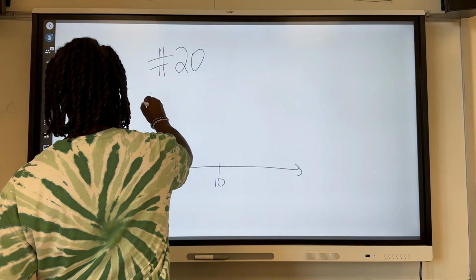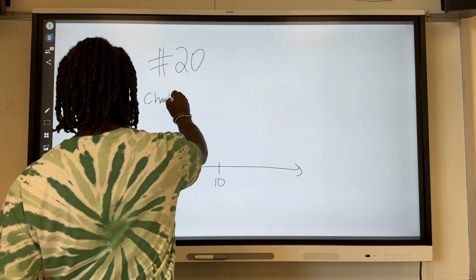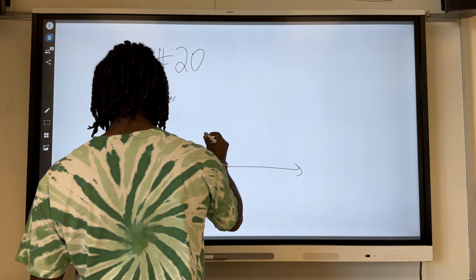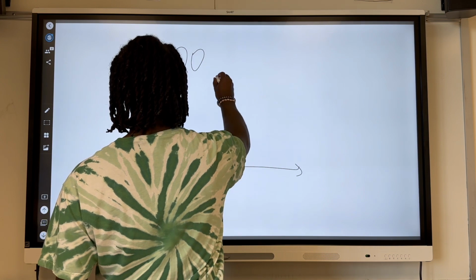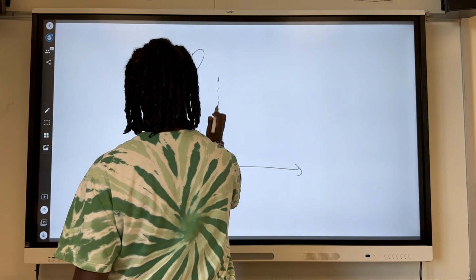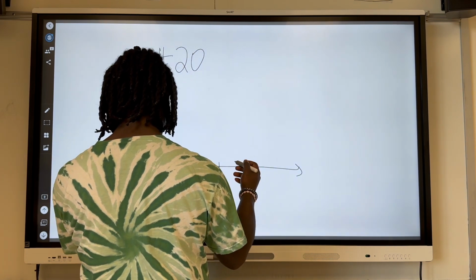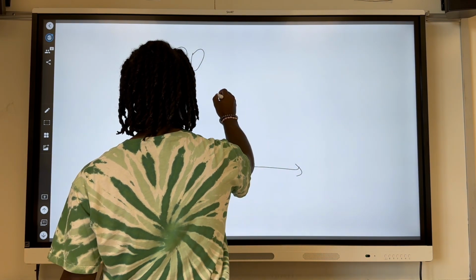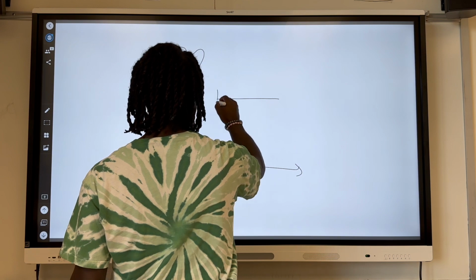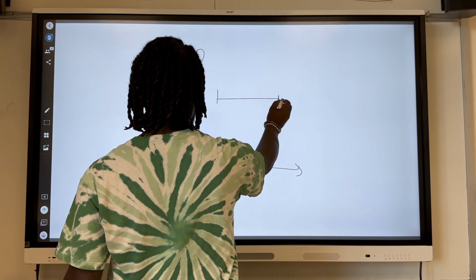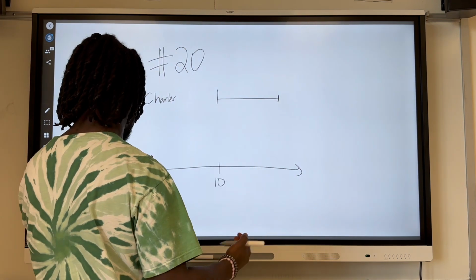All right, so I'm gonna draw real quick. This is Charles, 10. You have to look at the 10 and see how much Charles had above 10, because it says 10 or greater. So Charles, when you look at his, he just had a line above 10.